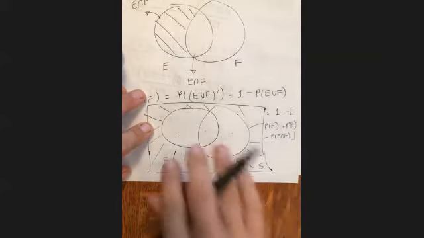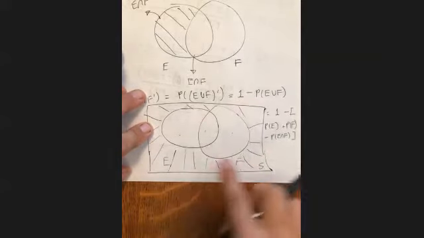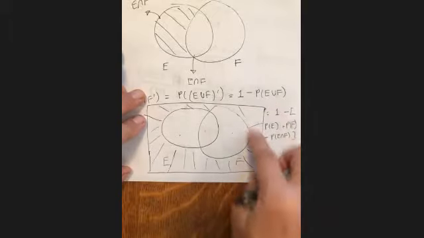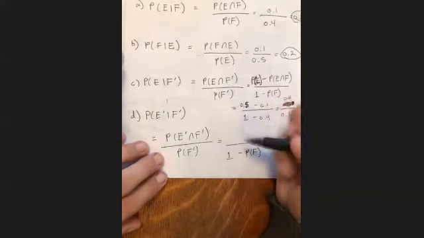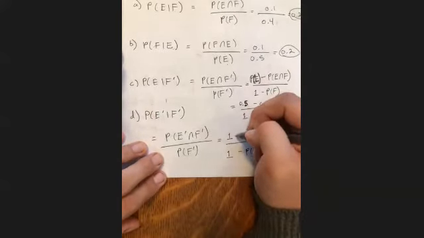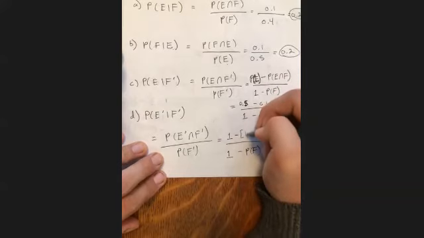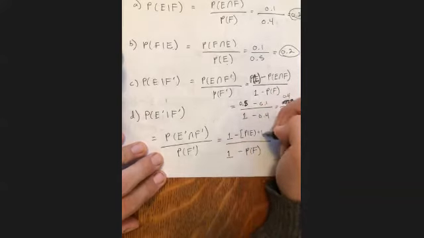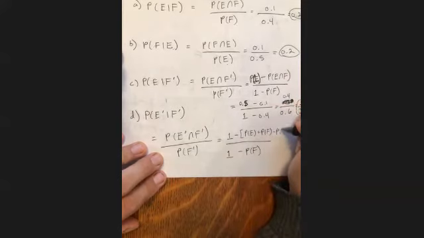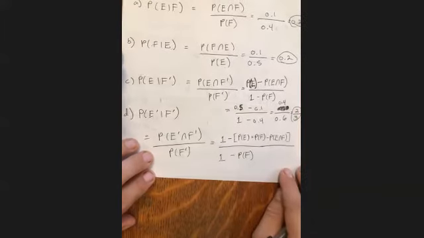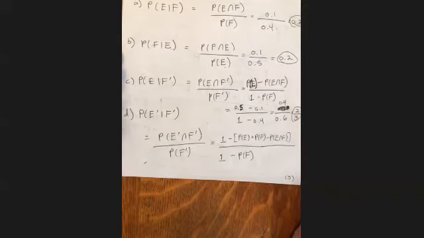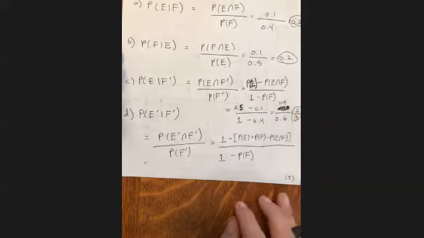So we're using the inclusion-exclusion principle plus the complement rule to figure this out. So let me write it out here. This will end up being 1 minus bracket probability of E plus probability of F minus probability of E intersect F. So the complement rule plus the inclusion-exclusion principle. So now this computation consists of only things that we know.